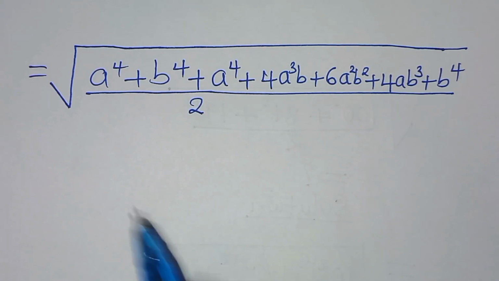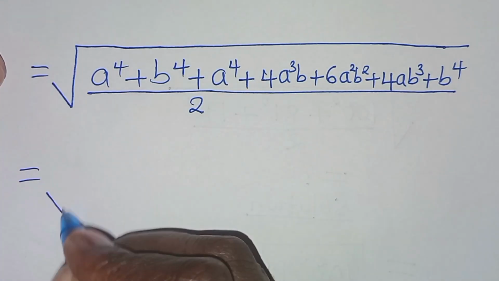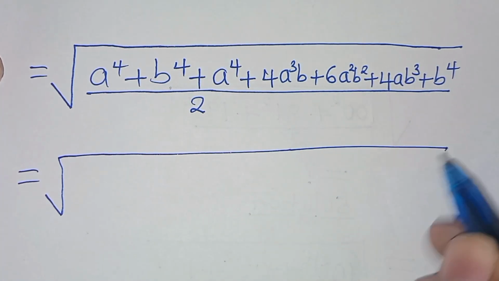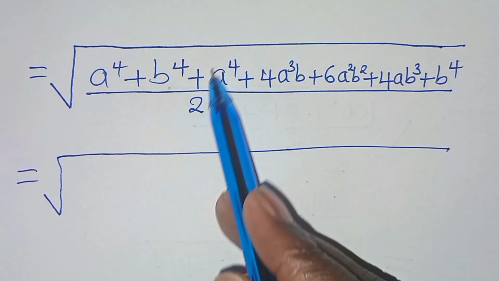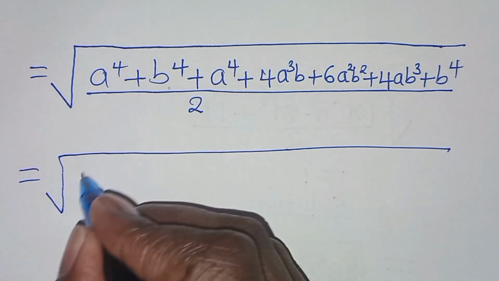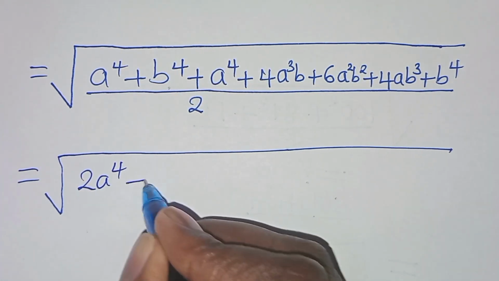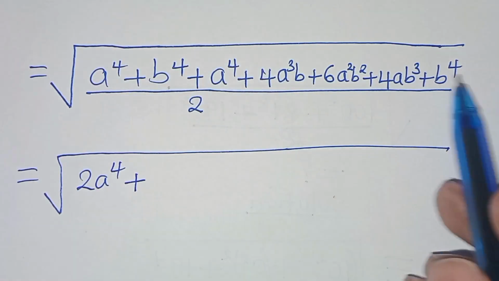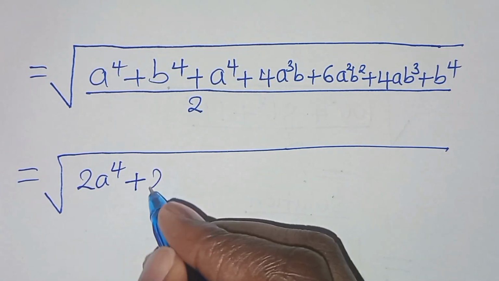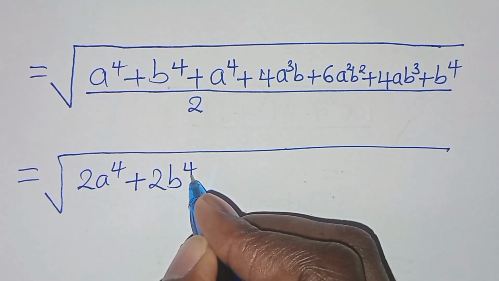So let's proceed. The next step here, we'll have the square root of A to the power 4 plus A to the power 4, so this is 2A to the power 4, then plus B to the power 4 plus B to the power 4, this is 2B to the power 4.